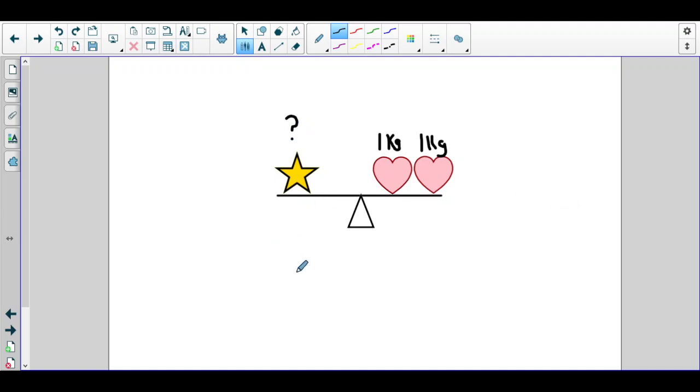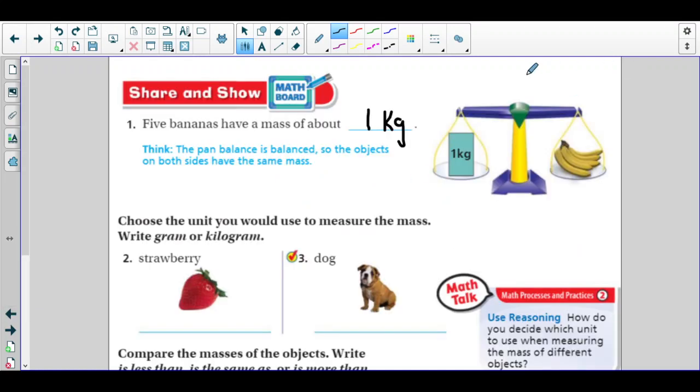It would be 2 kilograms, because when we add the 1 kilogram and the other one, we would end up with 2 kilograms on both sides. So, short little detour there, but helping to understand how a pan balance works.